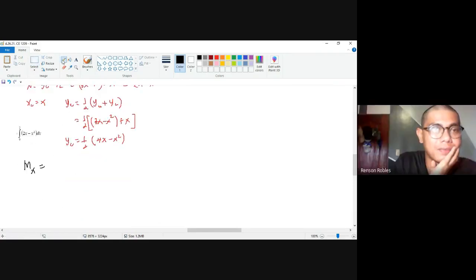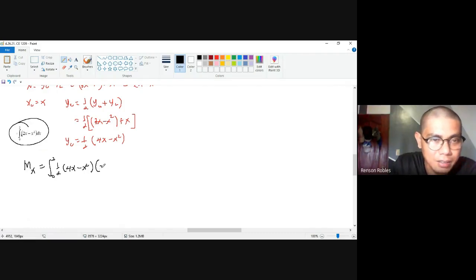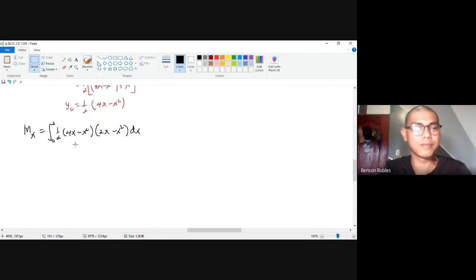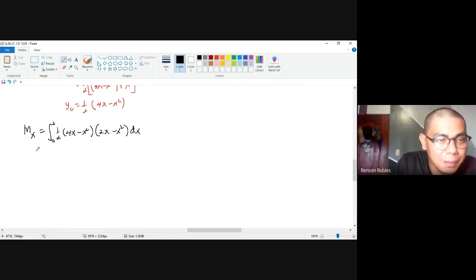So you have the integral from 0 to 2 of yc, one half of 4x minus x squared, times the area. This is our area, 2x minus x squared dx. Then simplify. Take out the one half. One half, 0 to 2.